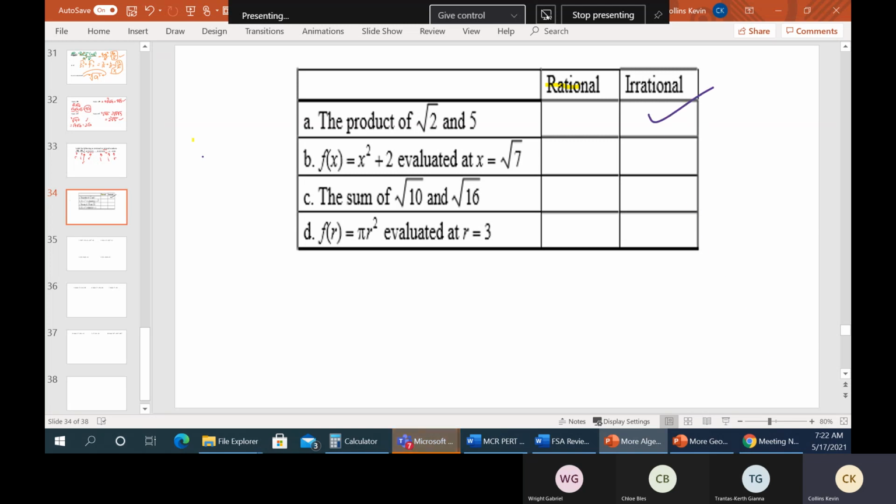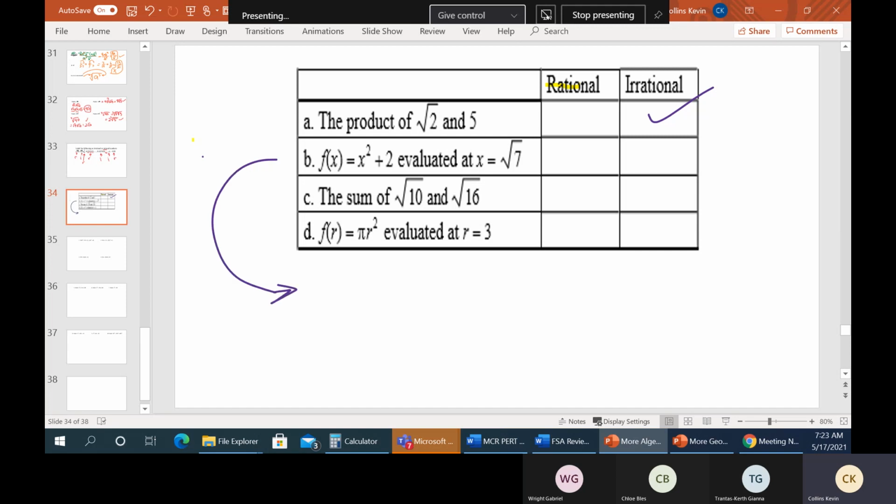Okay. So how about the next one? This says x squared plus 2 evaluated at x equals the square root of 7. So how about this one? Rational or irrational? What do you think? Yeah, you would think that initially, wouldn't you? But here's the thing.